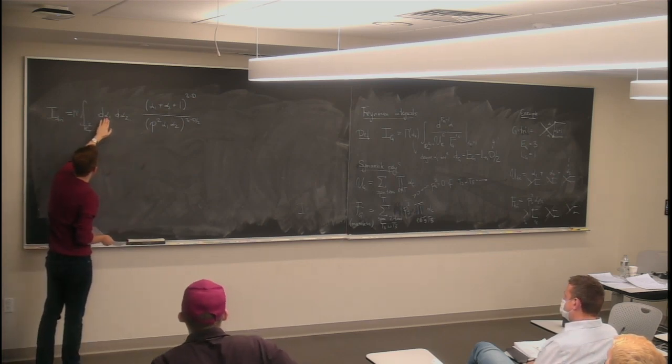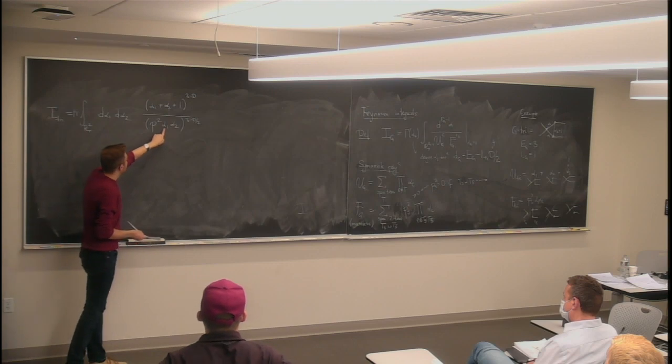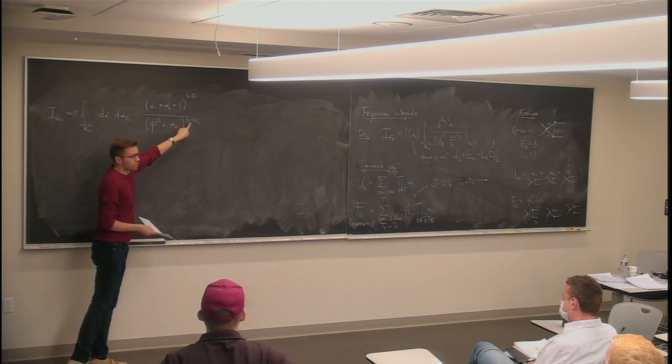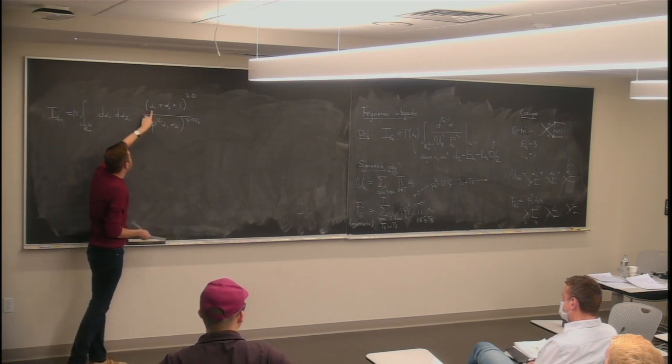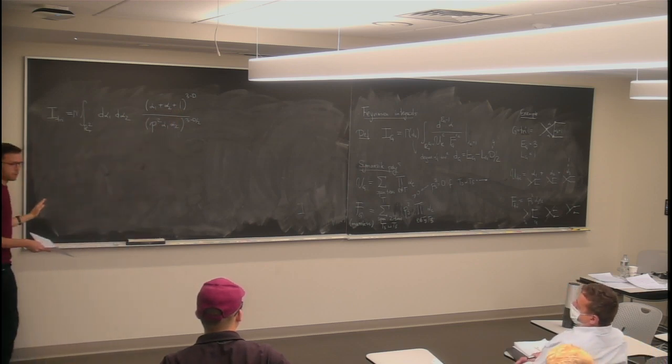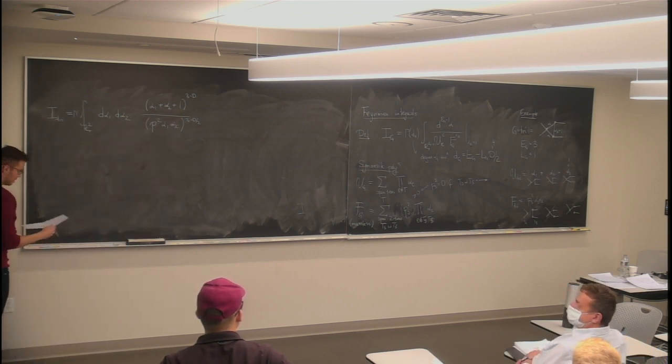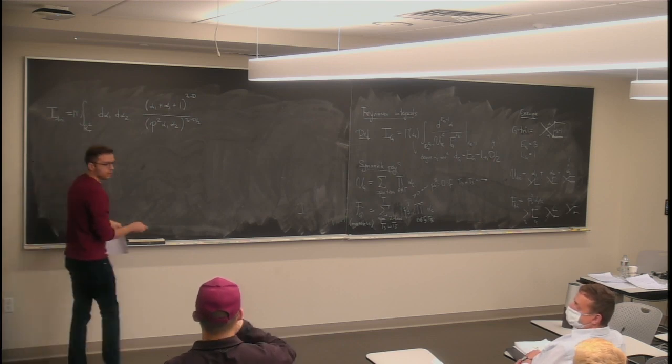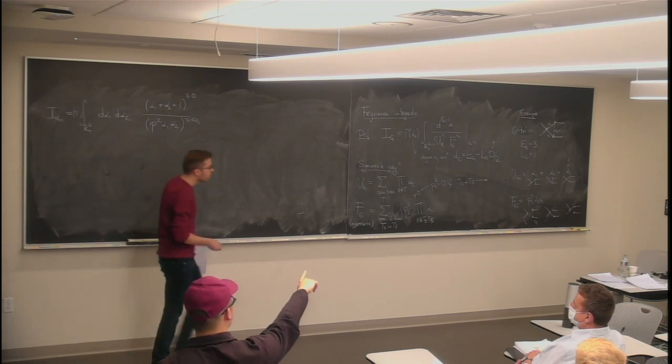And this in fact is the example of the toy model that we've seen at the first. We have two integrals, alpha 1 and alpha 2. Alpha 1 is raised to some power, alpha 2 is raised to some power, and then we have a polynomial which is 1 plus alpha 1 plus alpha 2.